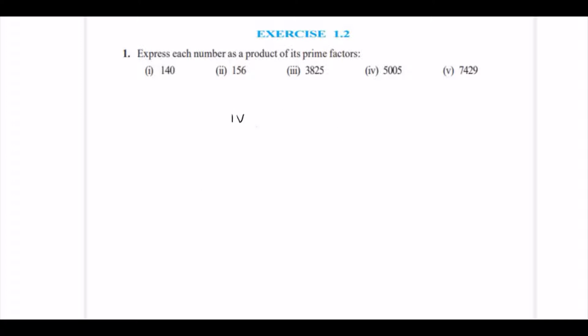The fourth composite number is 5005. So factorize 5005. 5 goes 1001 times. Let's check with 7, which goes 143 times.